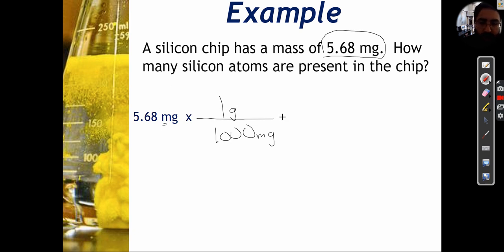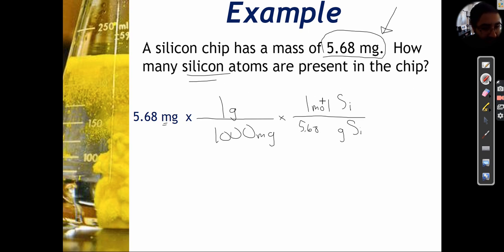So now that once we have grams, well, now we can go to moles. So 1 mole is going to go on the top, and we're going to need grams, but grams of which substance? We're going to need grams of silicon. And where do we get the grams of it? Do we get it from the problem? Do we write 5.68?